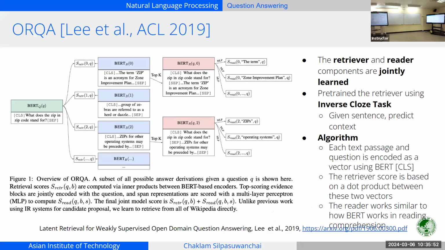So let me give you something. For the following couple of slides, I chose the highest cited papers, okay? If you want to study further, you should study these papers first because they are milestones of NLP. All of these are cited at least 1,000 times. So Lee in ACL 2019, ACL, if you are not aware, is the number one conference in NLP, right?